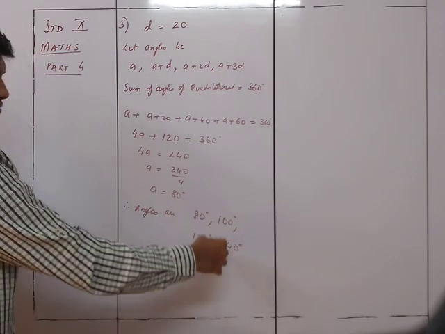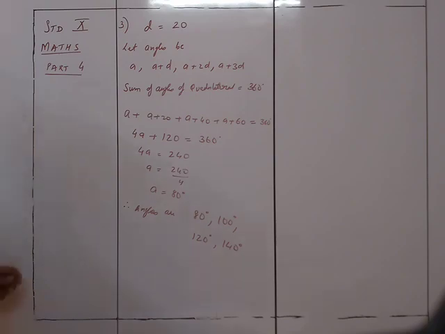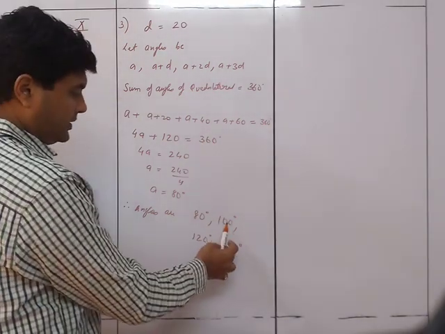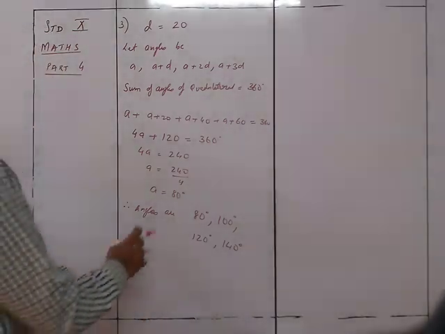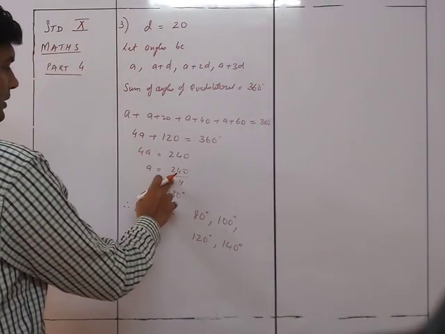The sum of these should be 360. One sec. A is 80? Oh, sorry.